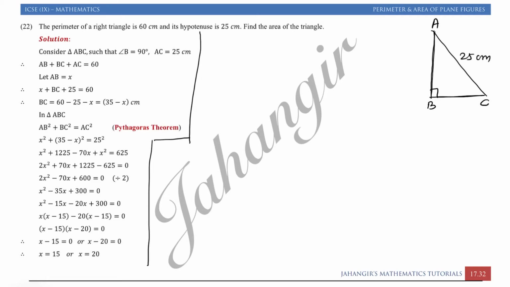They say perimeter is 60 centimeter. So let us say one side as X and another side unknown.